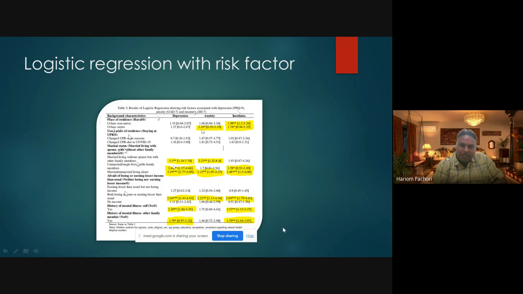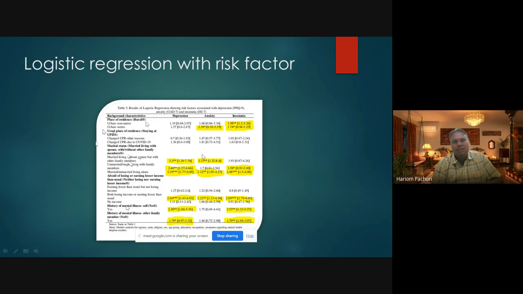Coming to fear of losing income or earning less than usual, neither losing nor earning less was the reference category. Compared to that, for those losing income or earning less than usual, the chances of depression were more than 2x, anxiety also more than 2x, and insomnia also more than 2x.